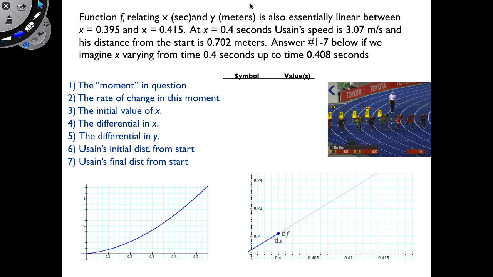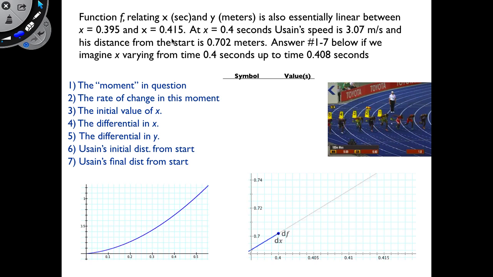Between x equals 0.395 and x equals 0.415, this small moment on the right seems to represent a constant rate of change. So if we want to compute a constant rate of change for any time during the moment, I could, but if you read this up here, we've got that at x equals 0.4 seconds, Usain's speed is 3.07 meters per second.